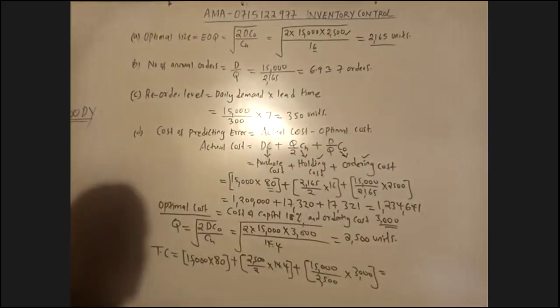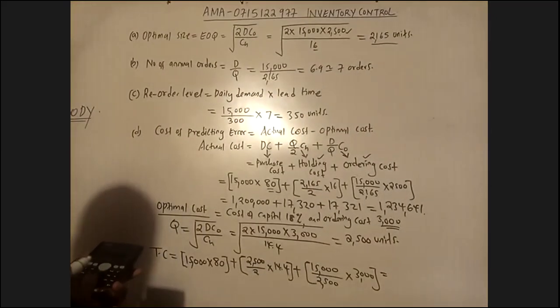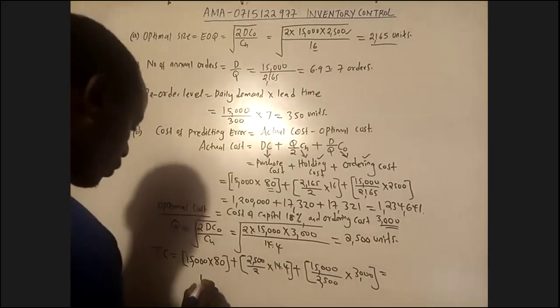So find that figure. Now 15,000 times 80, which is 1.2.